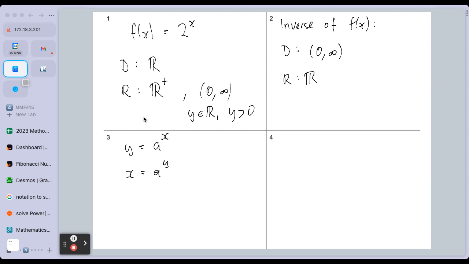Then we need to make it in terms of y. We use our logarithm rule: y comes down here, the base becomes the base of the log, and the answer to a to the y becomes the argument of the log. So it becomes log base a of x, or sometimes you put brackets in it to show it's a function, log base a (x). So there you go. That makes sense in terms of our understanding of logarithms as well. When I flip the x and the y, the result is a logarithm.